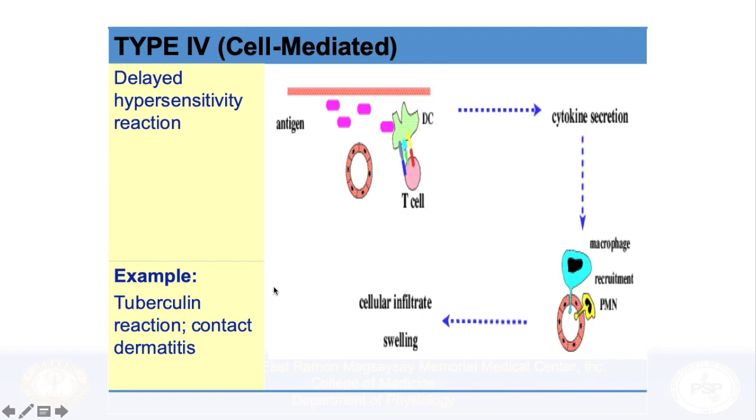Example of this one would be the tuberculin reaction, or TB, tuberculosis, and contact dermatitis, which are delayed reactions. So this delayed reaction can be days, weeks, or months after the exposure to the antigen.